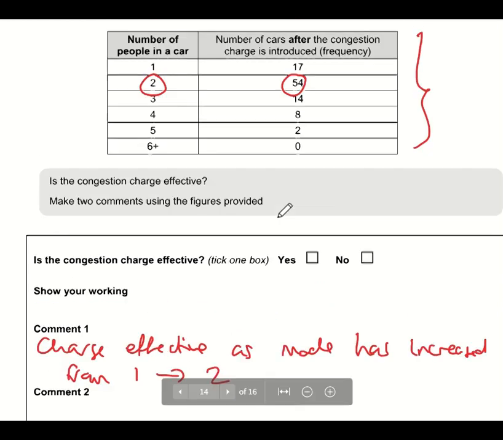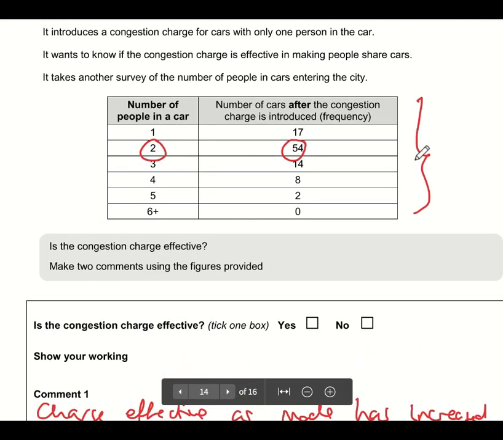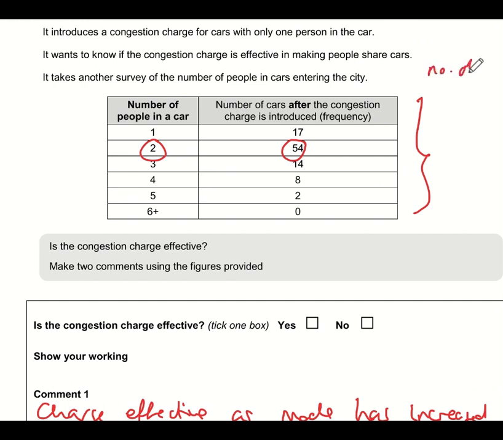Now let's take a look at the mean. For the mean, it's going to be the total number of people travelling divided by the total number of cars. The total number of cars is all of these numbers added together. Sometimes they tell you what that value is, so we're going to have to add those up. 17 plus 54 plus 14 plus 8 plus 2, that is 95.